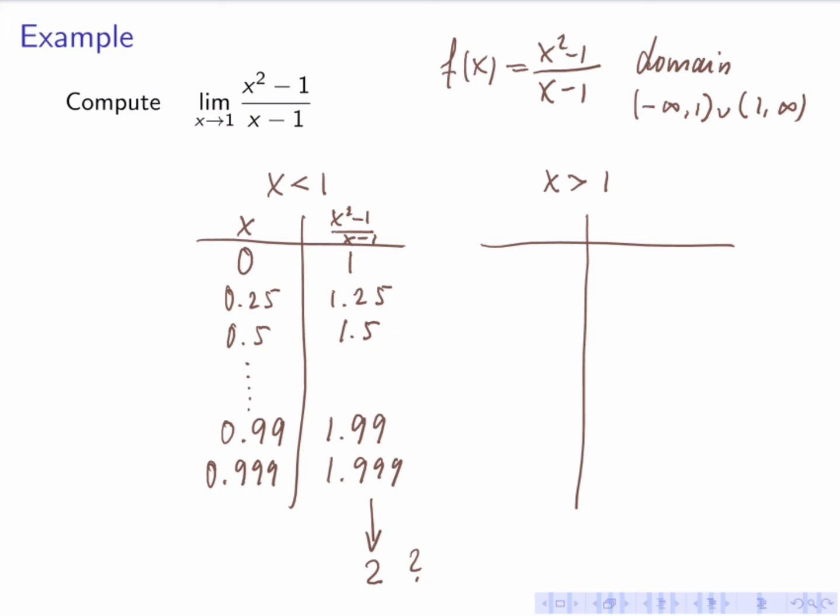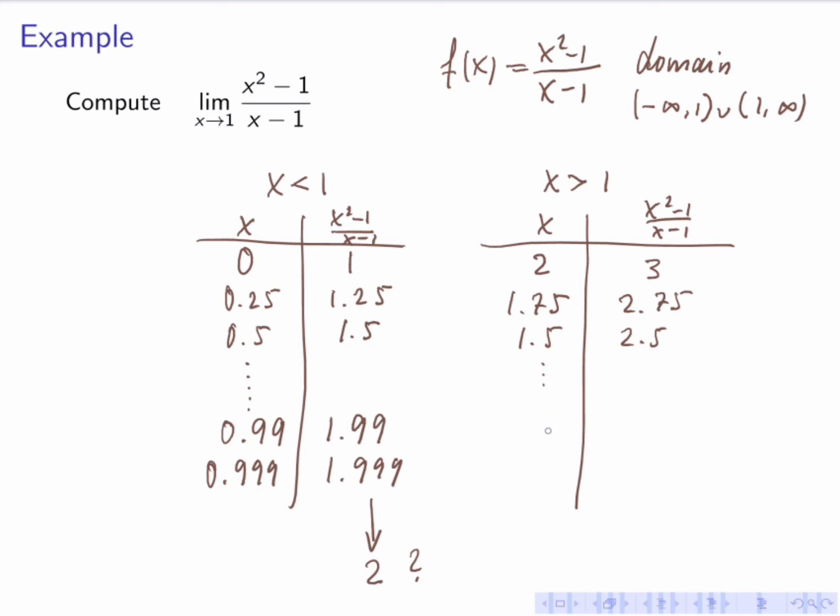So let's try values which are bigger than 1 here on the other side. So for example, 2 is a value bigger than 1. If I sub in the value 2, I get 3. If I sub in 1.75, then here I get 2.75. If I sub in 1.5, I get 2.5. And so on and so on. So I want to approach the value 1 from above.